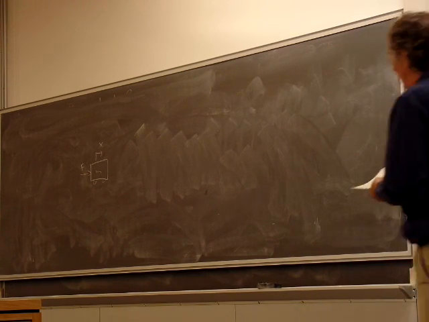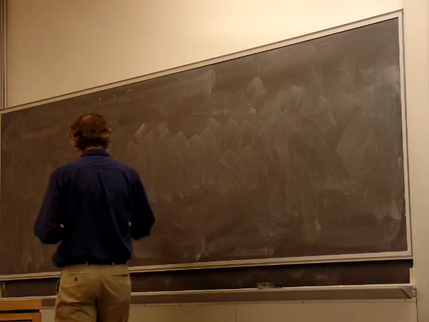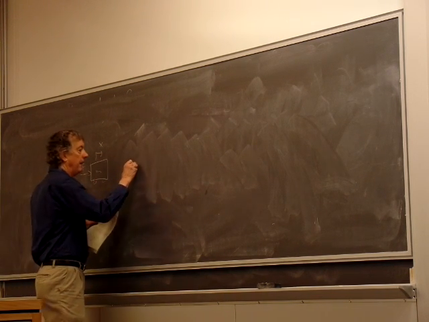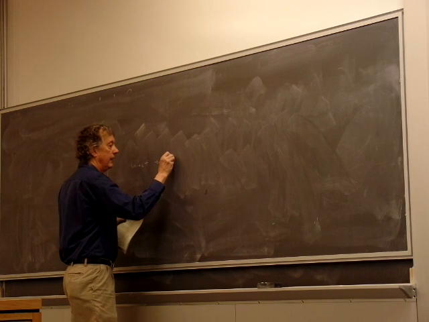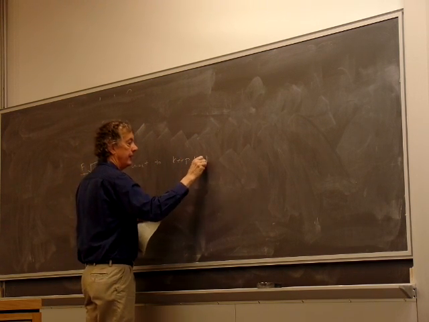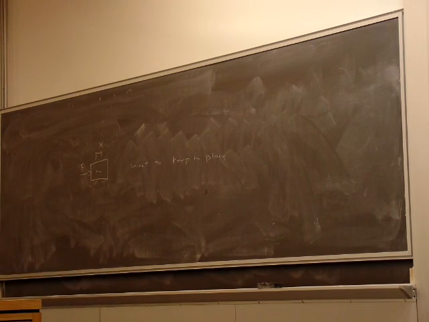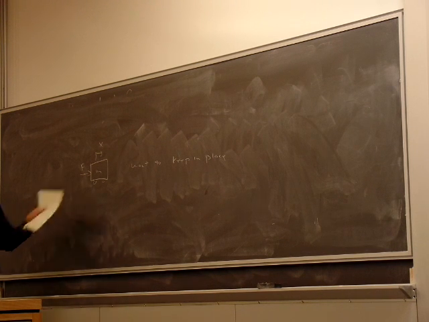I have a regulator here that I might be trying to maintain status quo of this mass, even though there might be disturbances acting on it. I'm trying to keep it in place. You could think of this also as trying to keep it at a certain position, or maybe I could even pose it as I want to keep it at a certain velocity.